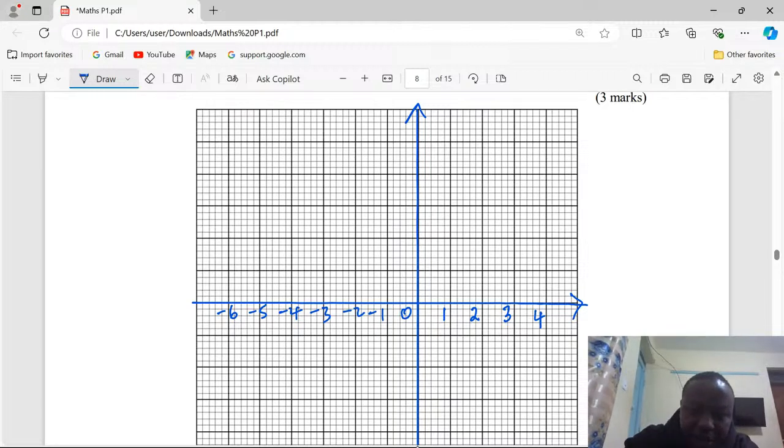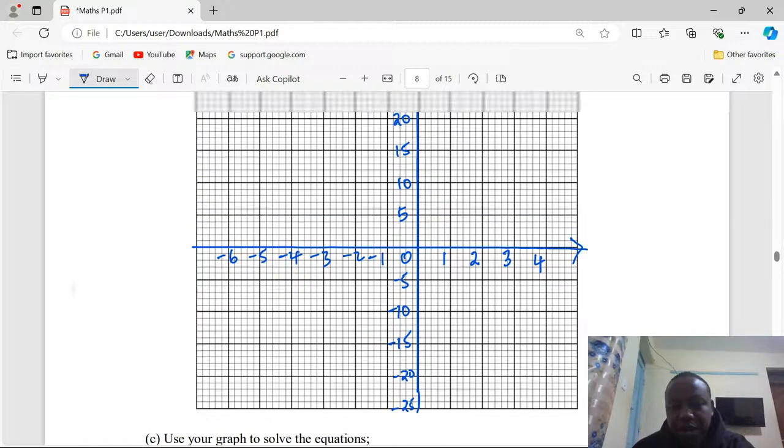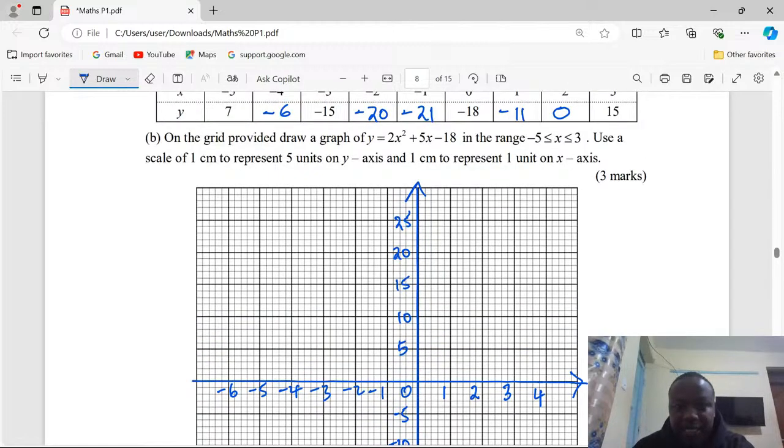Then we are using 5 now for each one square, so that we go to 10, 15, 20, 25. On the lower side, we can have -5, -10, -15, -20, -25. Yeah, we can go up to that point. Now we have the axis labeled.